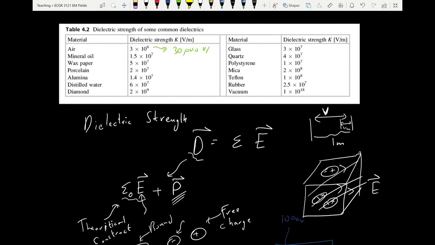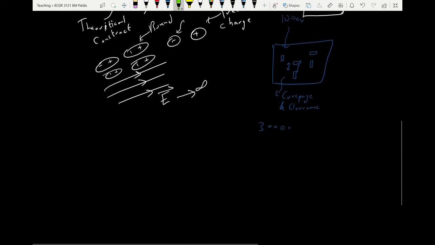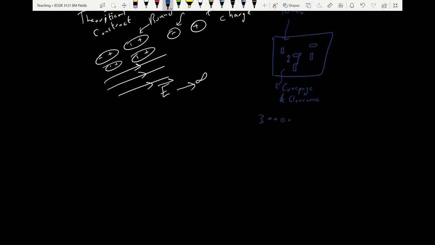I need to correct this, not 3,000, 30,000 volts per centimeter. So I can invert this, that's 1 over 30,000 centimeter per volt, times 1,000 volts, which is the voltage difference I'm designing the PCB for.